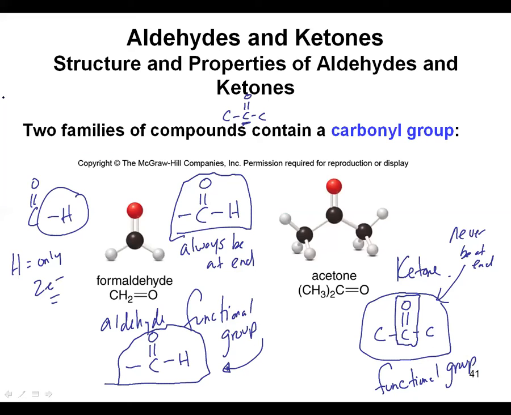The carbon-oxygen double bond, as we will see, is a polar bond, with the oxygen being more negative and the carbon being more positive based on electronegativity difference. So it does allow these guys to interact with certain types of molecules through that carbon-oxygen double bond.